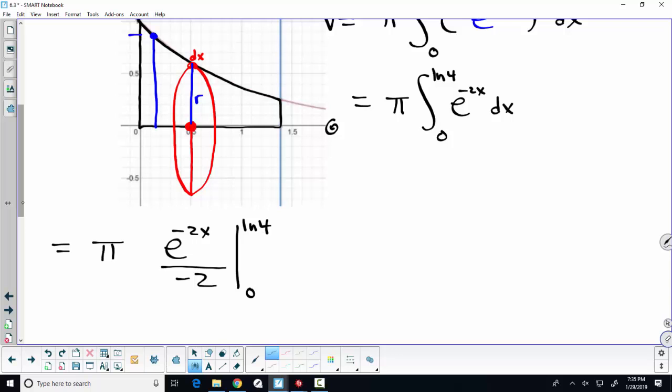The negative 1/2 is a constant. You can keep it in if you want. I'm going to pull it out and deal with it later. So there's our negative 1/2 times our other constant pi. E to the negative 2x, evaluated from 0 to ln4.